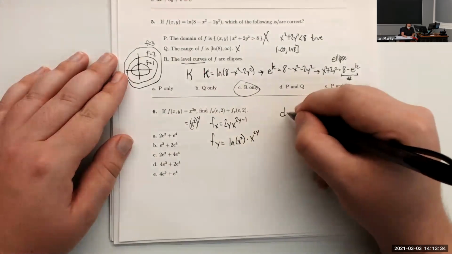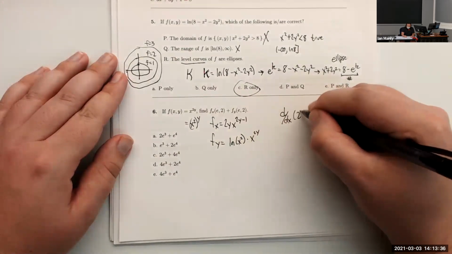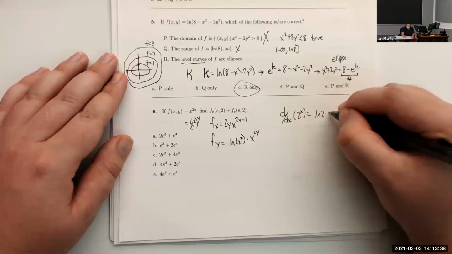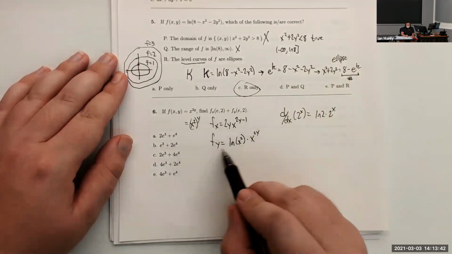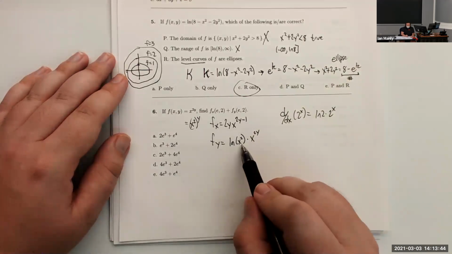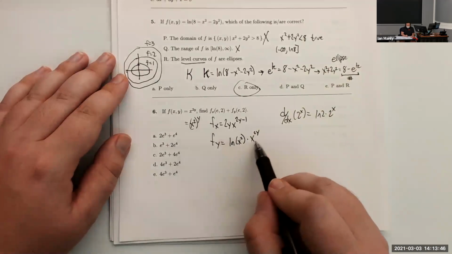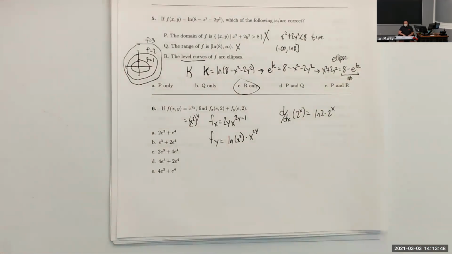So kind of like how the derivative of, say, 2 to the x is ln of 2 times 2 to the x, the derivative of x squared raised to the y with respect to y will be ln of my base, which is x squared, and then times x to the 2y right here.